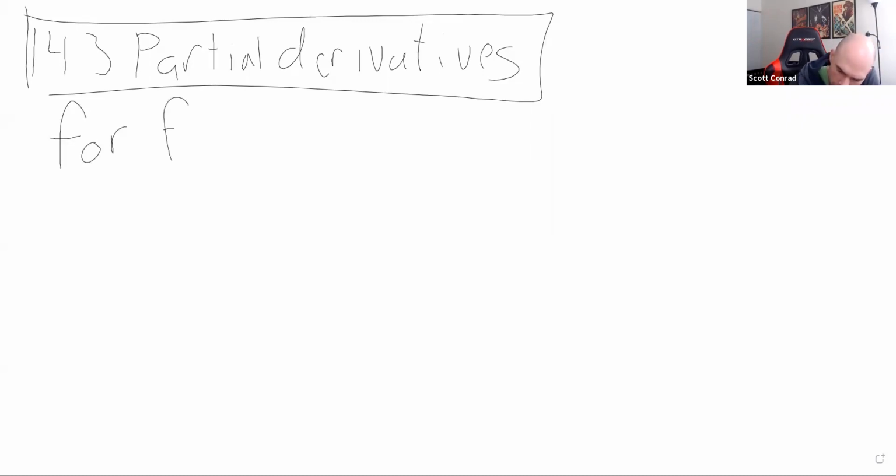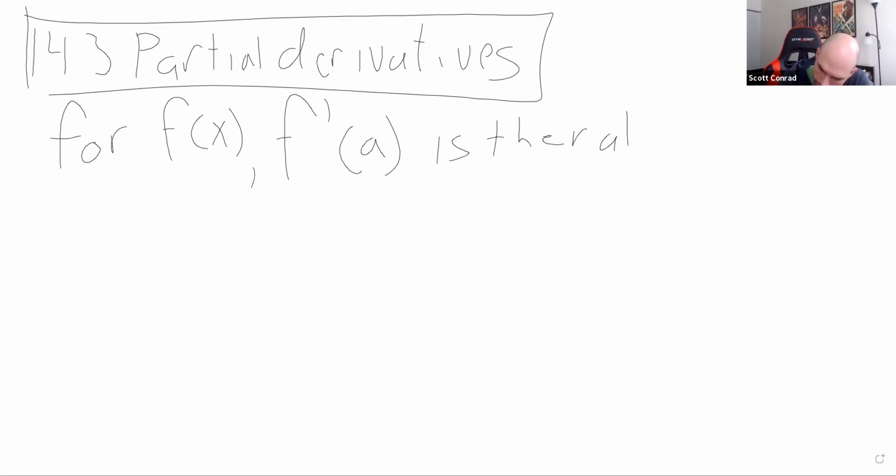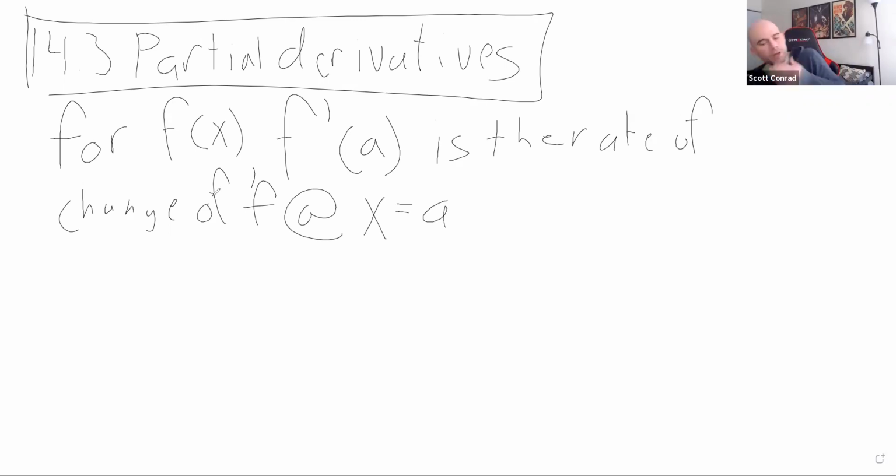If we have a function of one variable, f of x, then the derivative of f at a, so f prime of a, is the rate of change of f whenever x is equal to a.